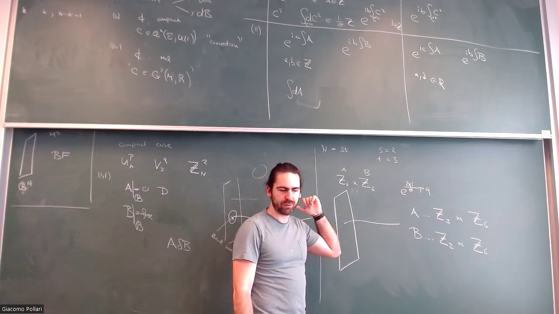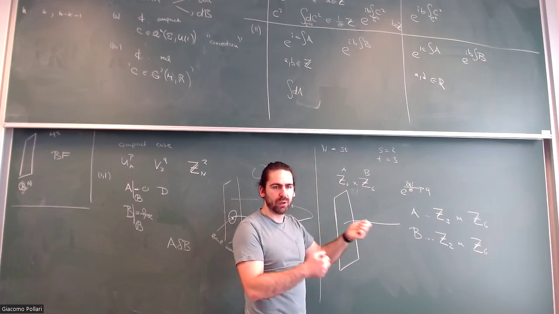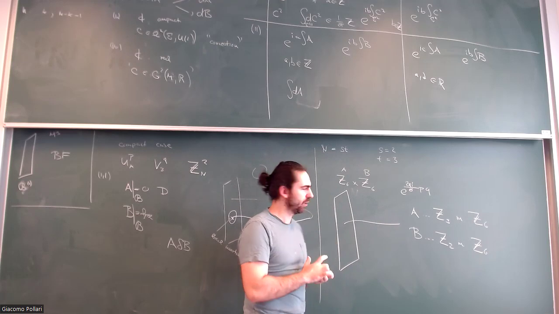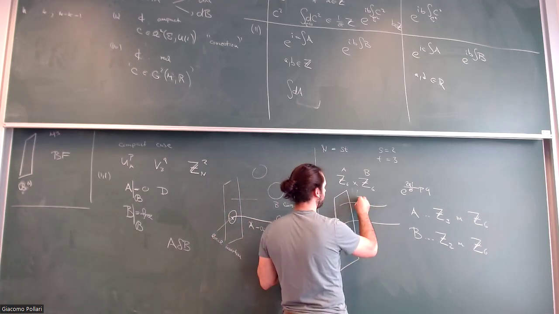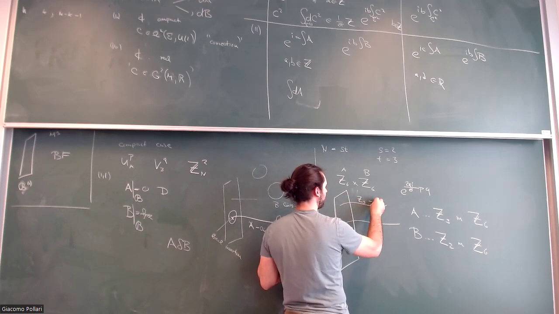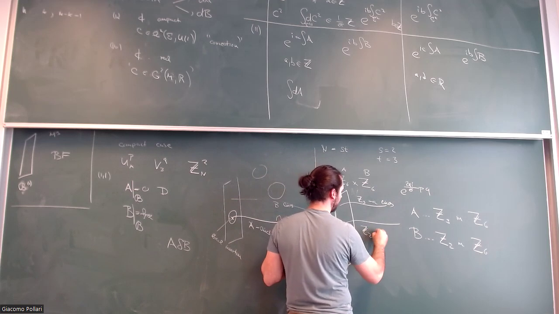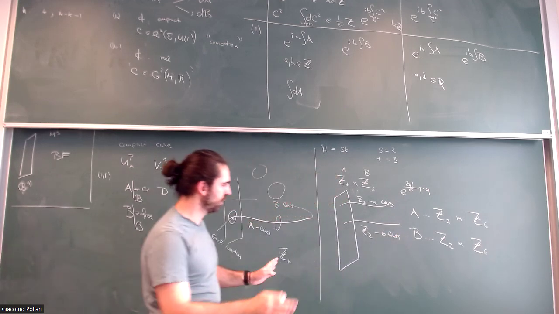That was not the case for prime n, because I could not trivially factor and have one subset and the other subset end at the boundary. But here I can do it. I can have Z3 A lines and Z2 B lines, because they're all mutually transparent.